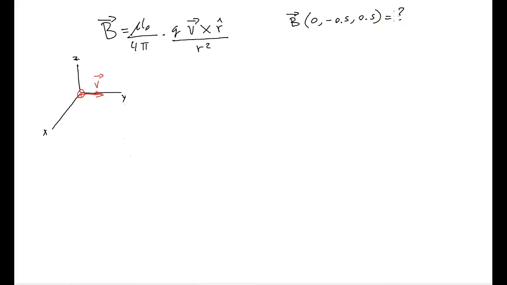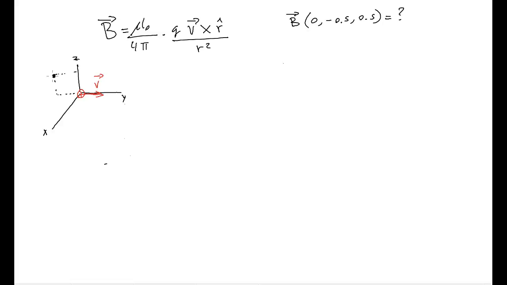So we're interested in the value of the magnetic field at this position. You agree with that? Okay, so it's at a position in the YZ plane, and we can figure out that distance using the Pythagorean theorem, how far away it is, and that would be r in our equation.